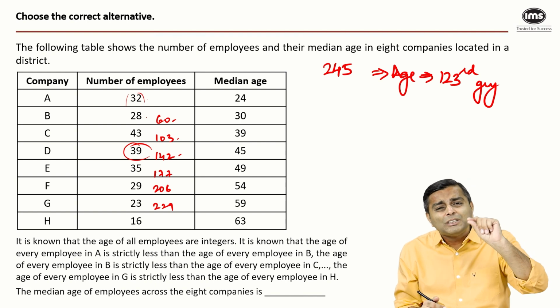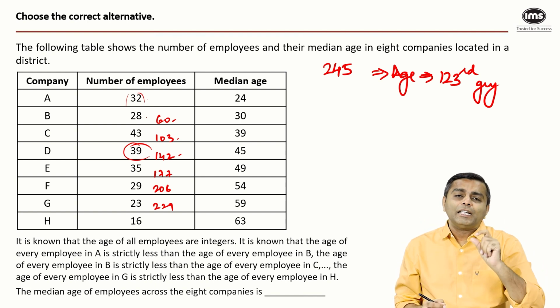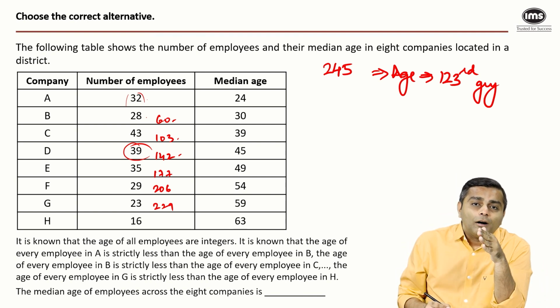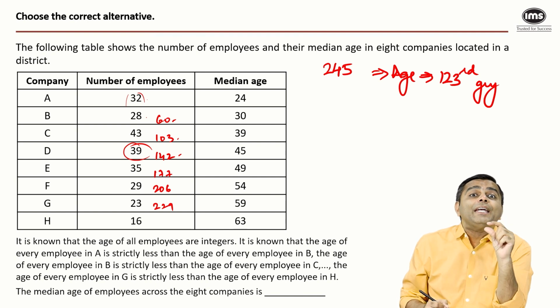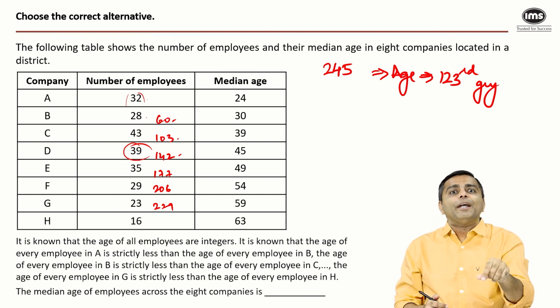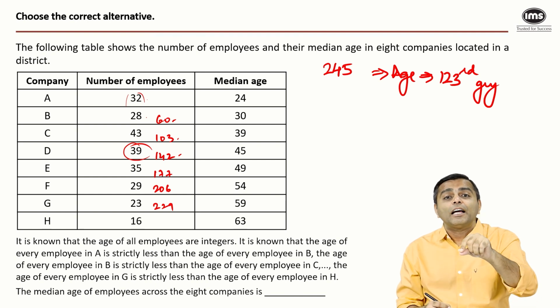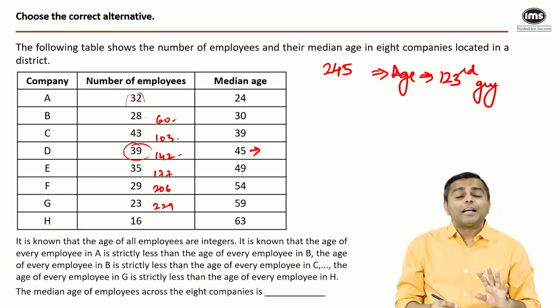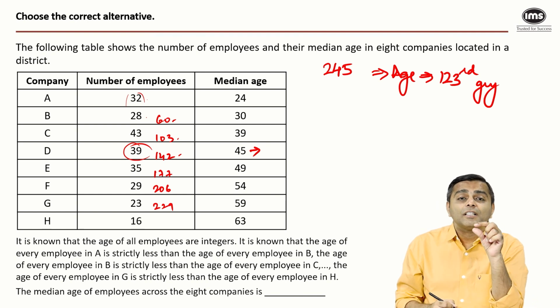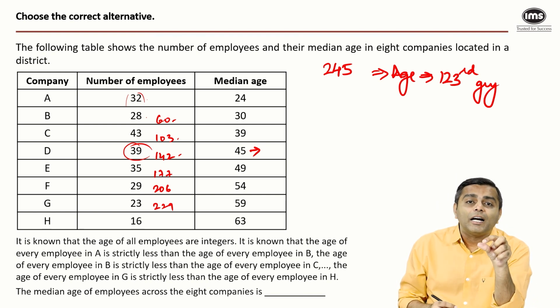Who is the middlemost guy in D? There are 39 people, so 39 minus 1 is 38, half of which is 19, and therefore the 20th guy in D is the middlemost guy of D, and the median age of D is given as 45, correct? Which means 45 is the age of the 20th guy in company D.